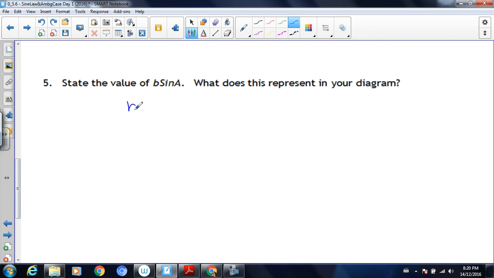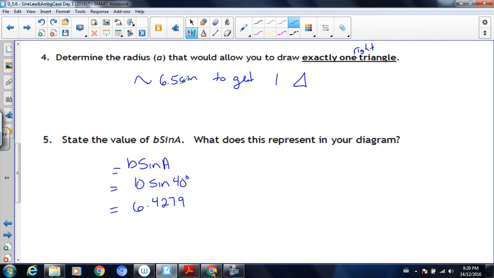B sine A is 10 times sine of 40 degrees. And in this case, you should get 6.4279. What does this represent in your diagram? Well, what number is this close to? This is close to this right here.